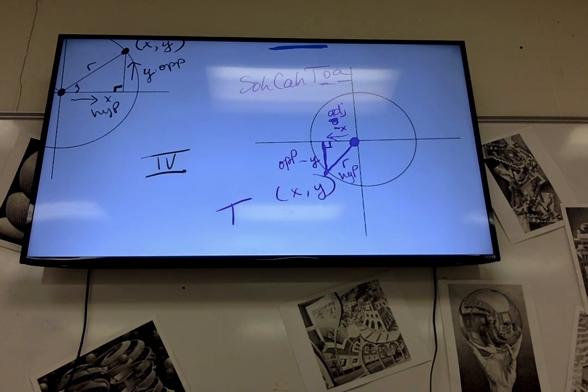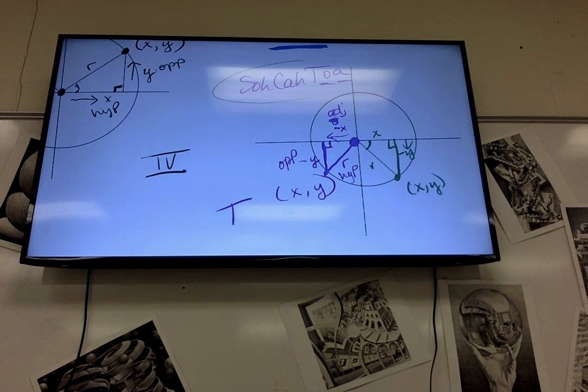Okay, so in the last quadrant, this is our fourth quadrant. Radius is always positive. Is X going to be positive or negative? Positive, because I'm going to the right. What about Y? Negative, because I'm going down.